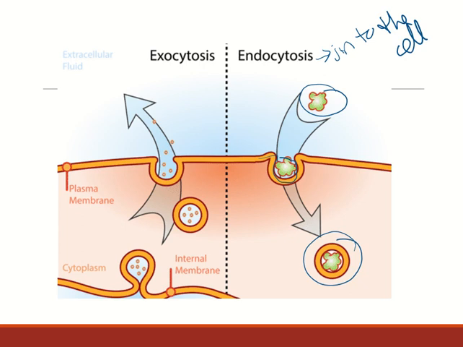And what it will do is this side will cause the cell membrane to shrink a little bit. But when you do exocytosis, it causes the cell membrane to go a little bit bigger. So if they don't happen simultaneously, you're either going to shrink or expand the cell too much. So endo and exo constantly have to be happening together. And exocytosis is where you have stuff leaving the cell.